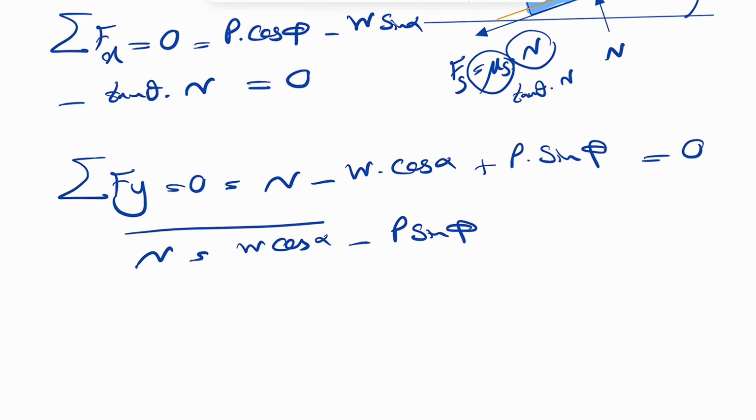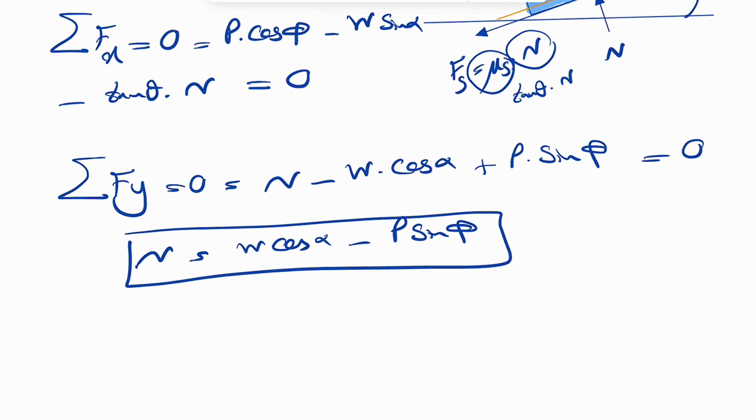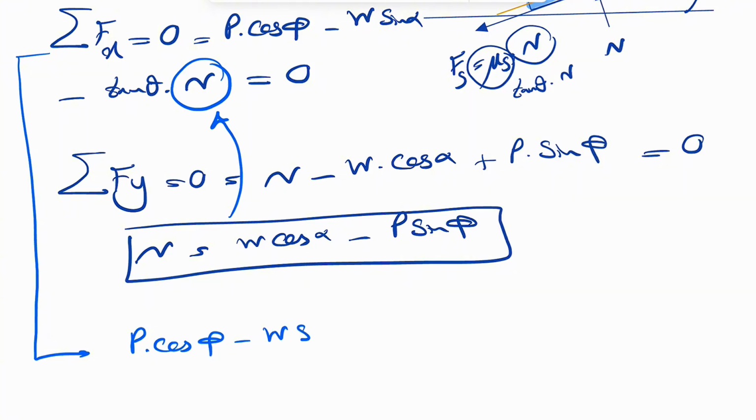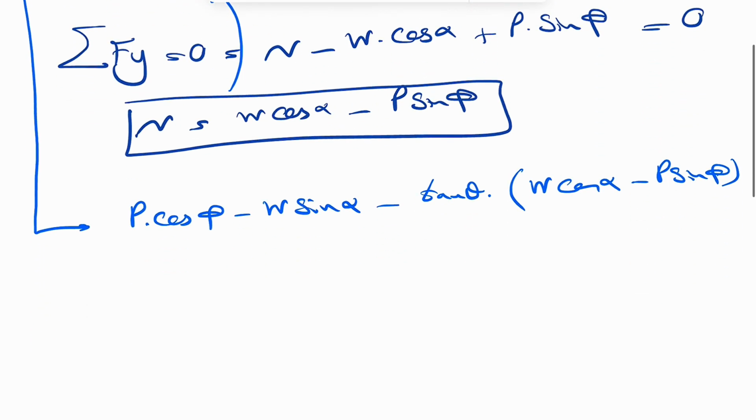We're going to plug this into the previous equation, so I'm going to rewrite it: P cosine of phi minus W sine of alpha minus tangent of theta times N, where I put W cosine of alpha minus P sine of phi for N, and this equals 0.